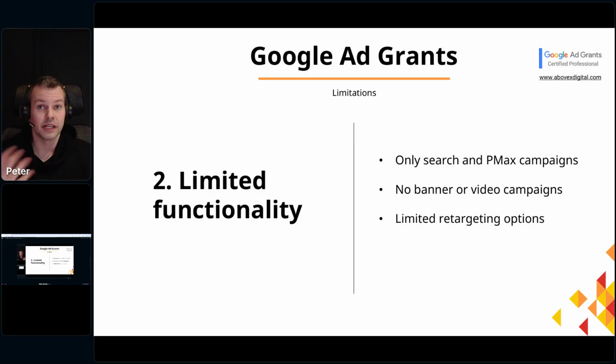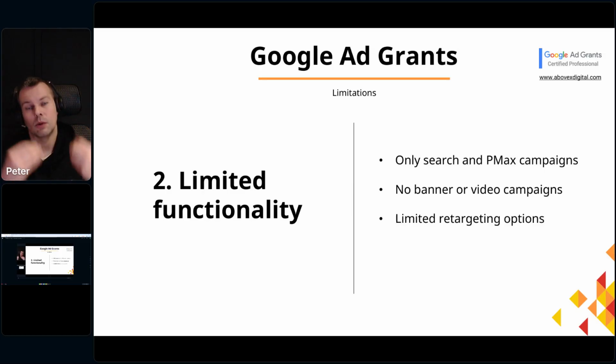And also in terms of retargeting, I've already mentioned that retargeting campaigns tend to be one of the most efficient campaign formats out there. They are in a way available to ad grantees, so you can create retargeting audiences and use them in campaigns. But since you can only use search campaigns, retargeting search campaigns do not work as well as display retargeting campaigns.